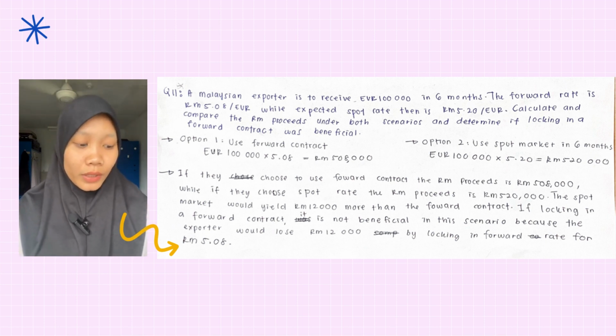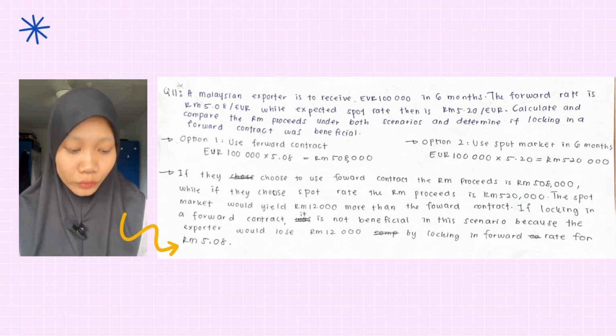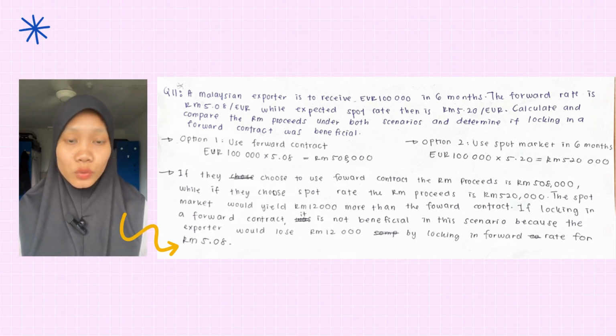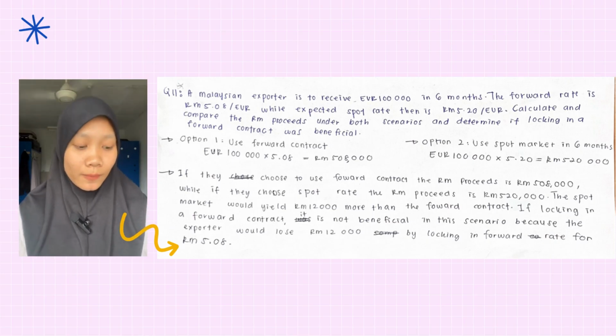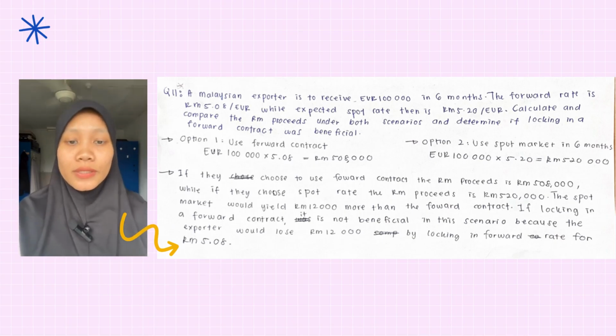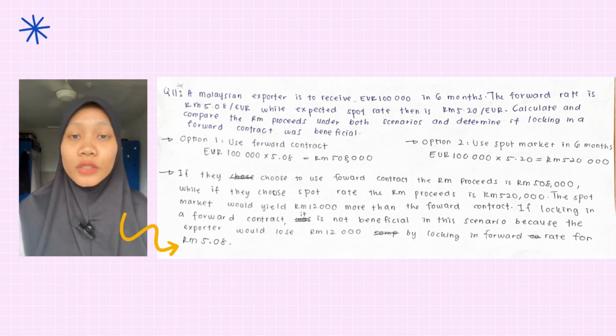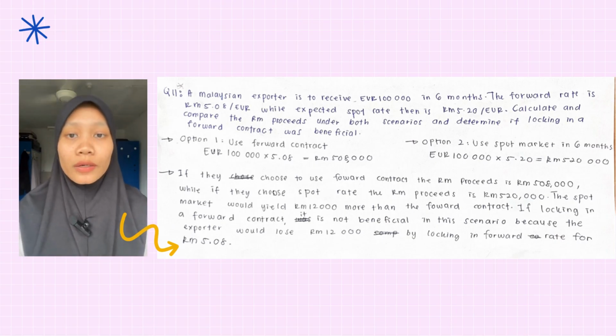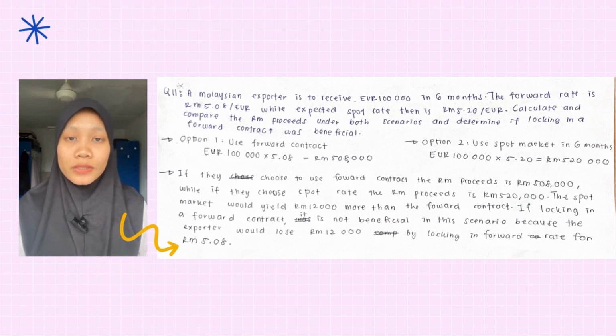508,000. But when they use the spot market in 6 months, where 100,000 euro multiplied with 5.20, they will get RM 520,000. So if they chose to use the forward contract, the RM proceeds is RM 508,000.